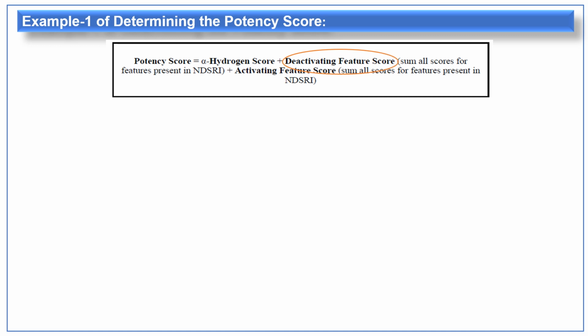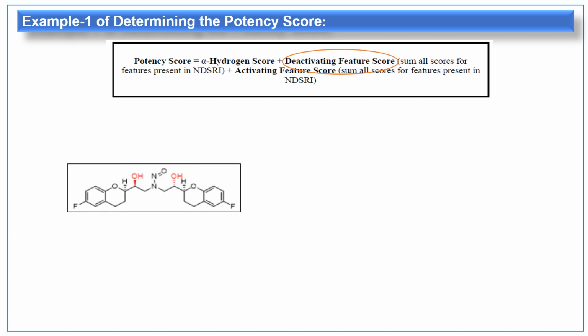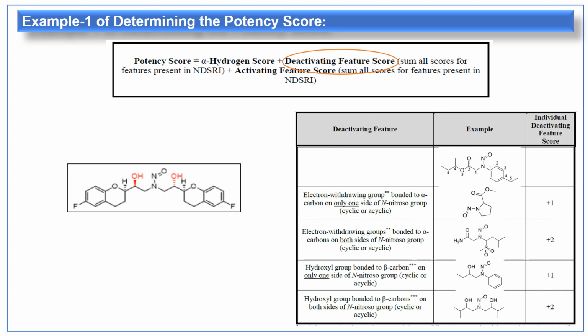Next is the deactivating feature score. From the structure that has been provided, the team determines from the list available in the guidance which deactivating features are present. They find that a hydroxyl group bonded to the beta carbons is present, so the individual deactivating feature score will be +2, right?